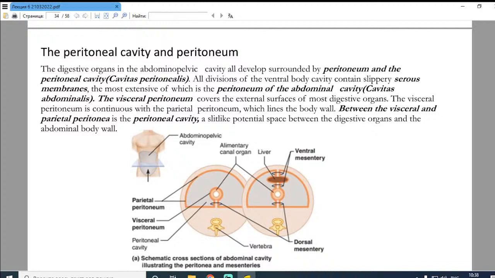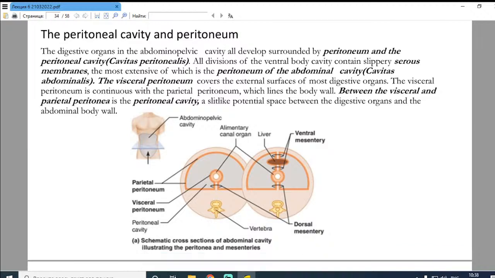Next question: peritoneal cavity and peritoneum. The digestive organs in the abdominopelvic cavity are surrounded by peritoneum and peritoneal cavity, cavitas peritonealis.